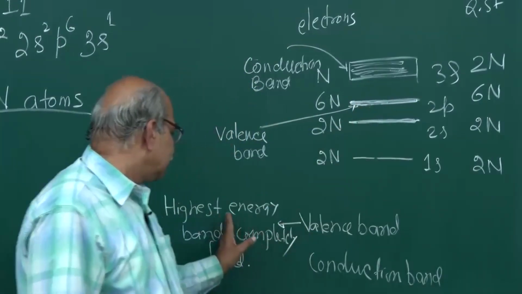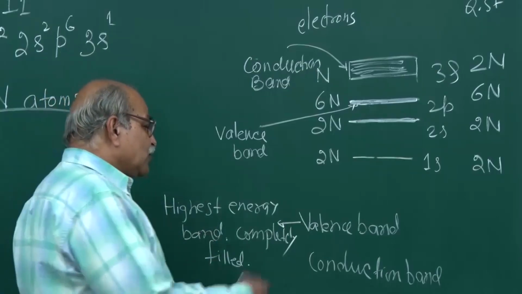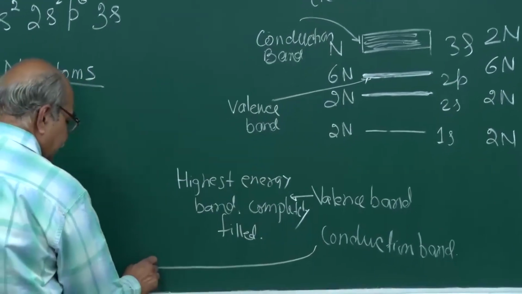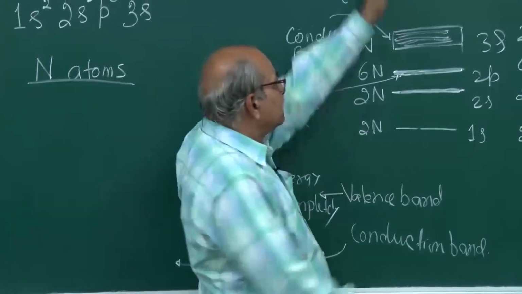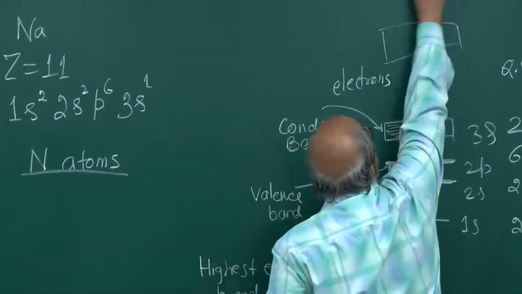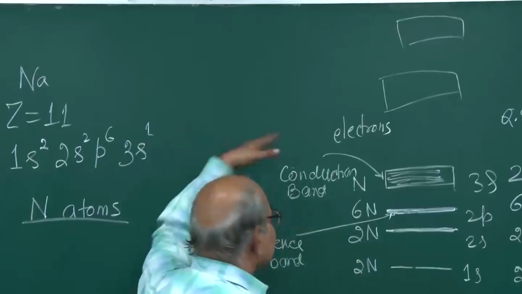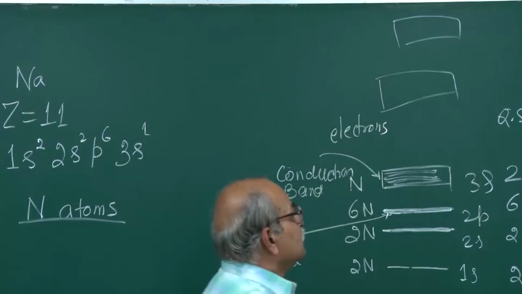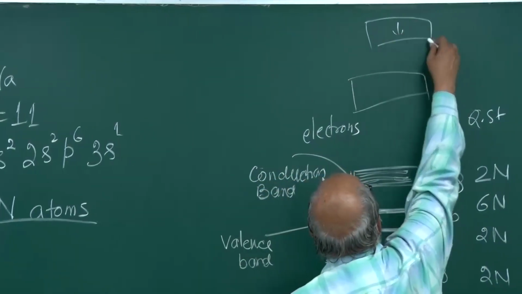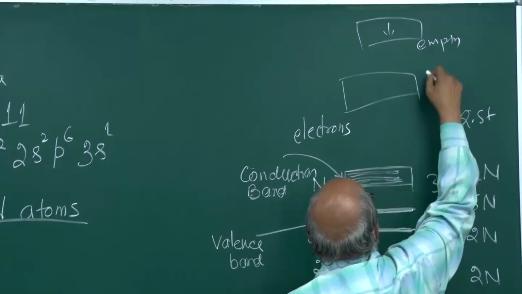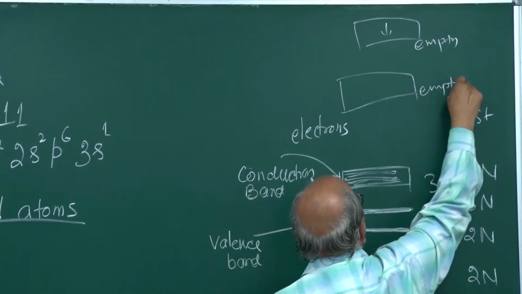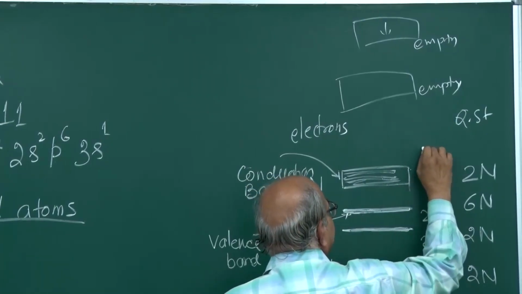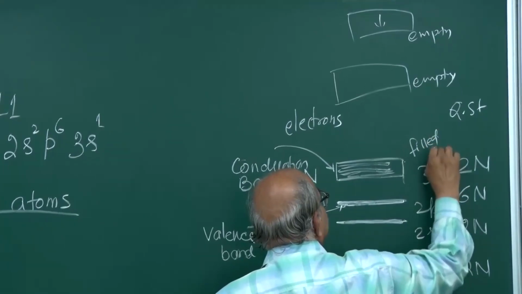So, this is how the valence band will be defined, and next to the valence band will be the conduction band. You can come from the top, where you have other bands also, you have 3s, 3p, 3d, 4s, everything is there, and they are all empty. So, if I come from the top, this is completely empty, this is completely empty, and here you have some filled, not completely filled, but some filled states.